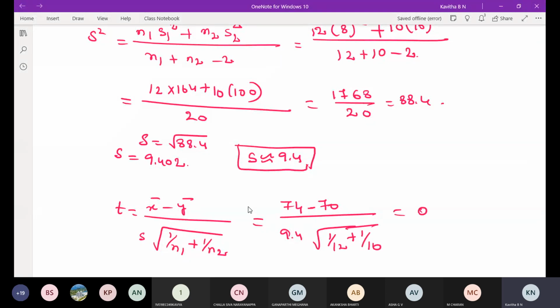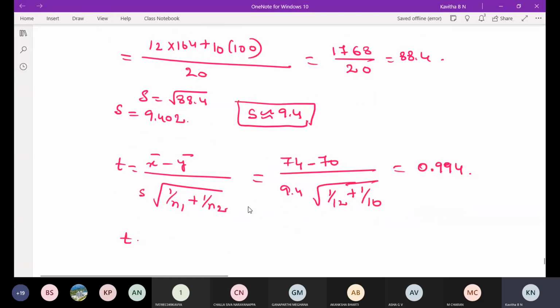Then simplify, use the calculator, 0.994. So t is equal to 0.994, which is less than t 0.05 is equal to 2.086.